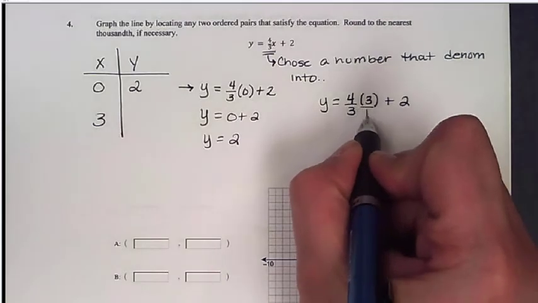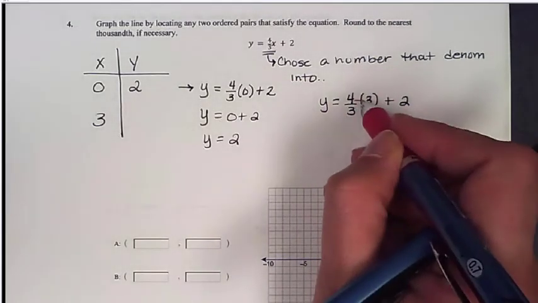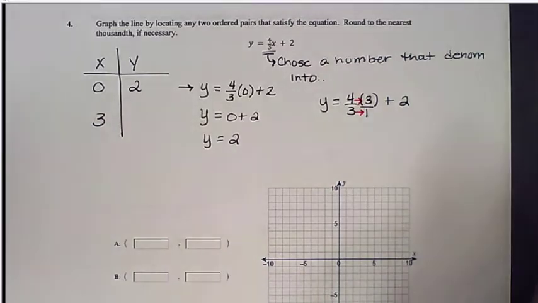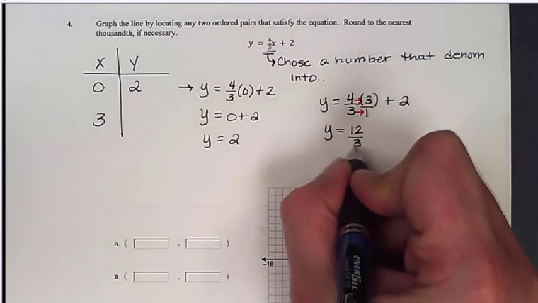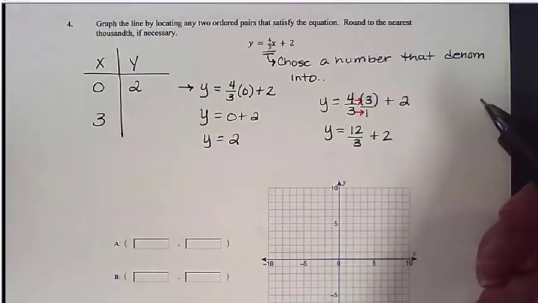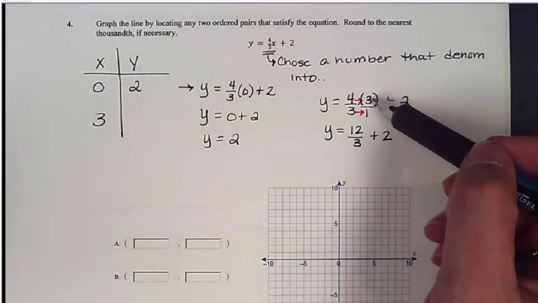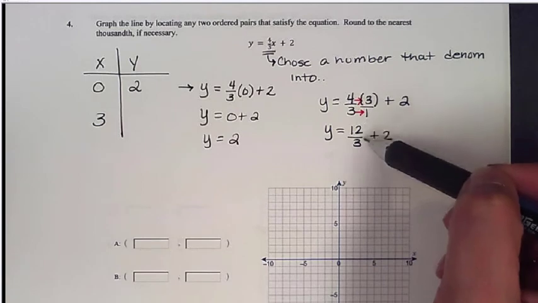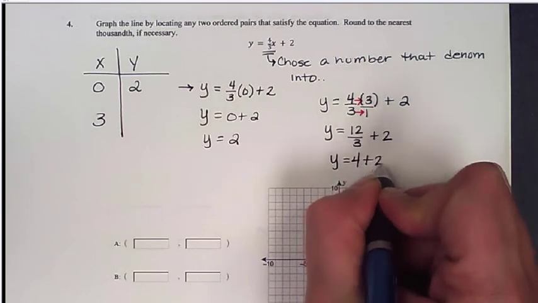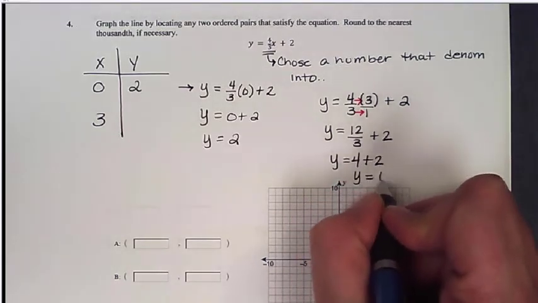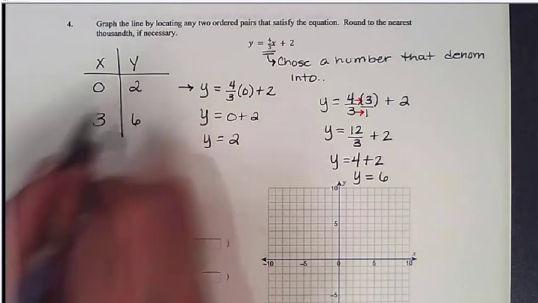Remember that this is 3 over 1, so technically we would multiply straight across, which would give us y equal to 12 over 3 plus 2. But remember, we chose 3 on purpose because that made it where we could reduce this fraction, because 12 divided by 3 is just 4. So 4 plus 2, and we find out that y is equal to 6.